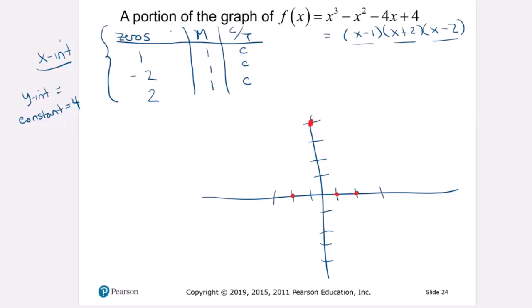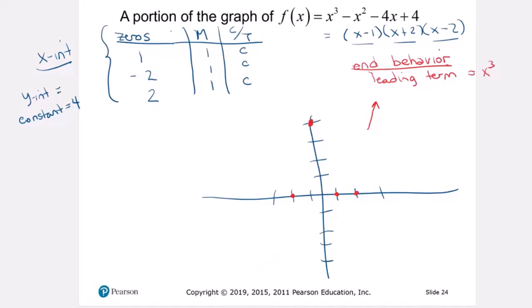Now I have to figure out what my end behavior is because it makes a difference where I start. I look at just the leading term. And in our case here, our leading term is x to the third. It's positive. That means it's going to go up on the right. And because it's odd, it's going to go down on the left.